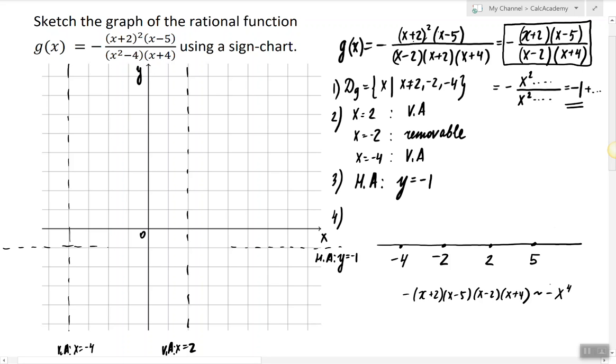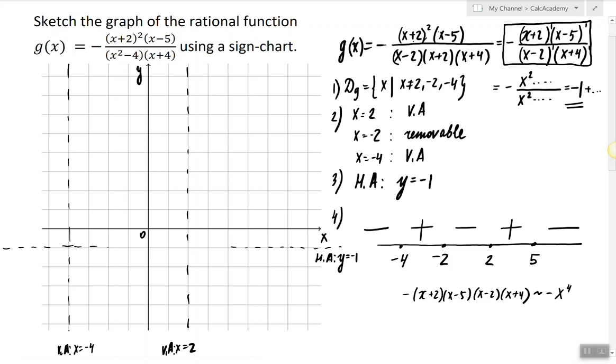Since the graph of the corresponding polynomial function looks like the graph of negative x to the fourth, we conclude that the sign chart has negative on the right and negative on the left. And since each zero has odd multiplicity, the signs will change at every interval. So here it's going to be plus, minus, plus, and minus again.